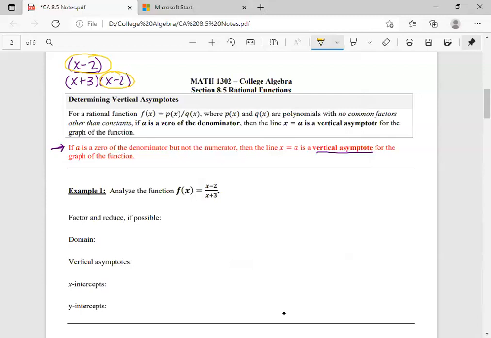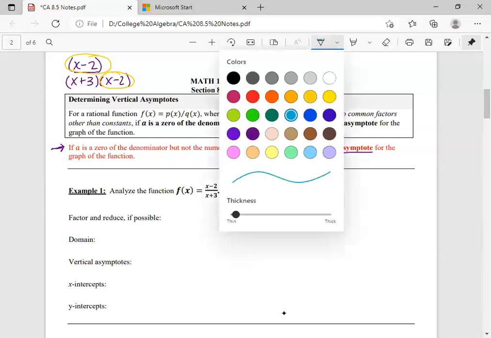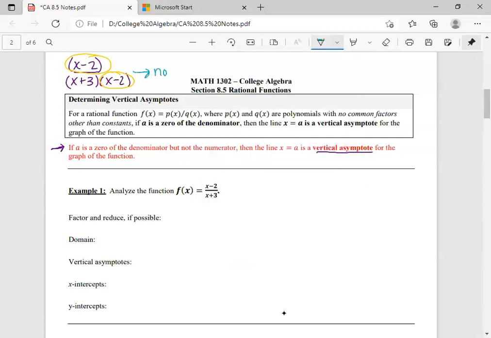If that happens, this is an example of when you don't have a vertical asymptote. This is a no vertical asymptote. I'm not going to spell all that word out. It's right here.